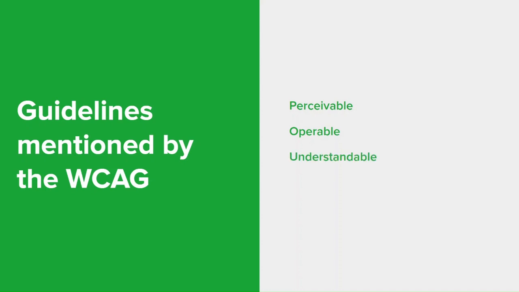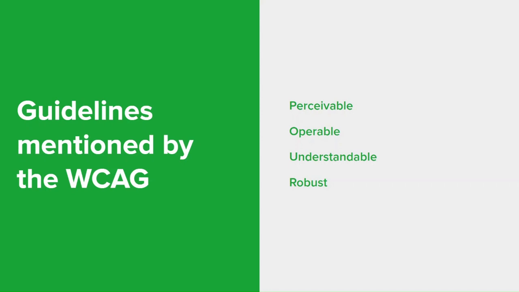It's also important for content to be understandable, and that means making sure that the text content is readable and understandable, making sure web pages appear and operate in predictable ways, and helping users avoid and correct mistakes. And lastly, the content must be robust. So essentially you want to maximize compatibility with current and future user agents and trends, including assistive technologies.